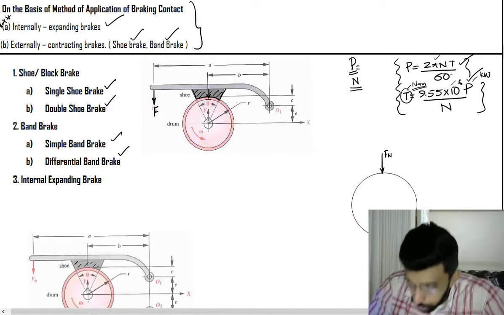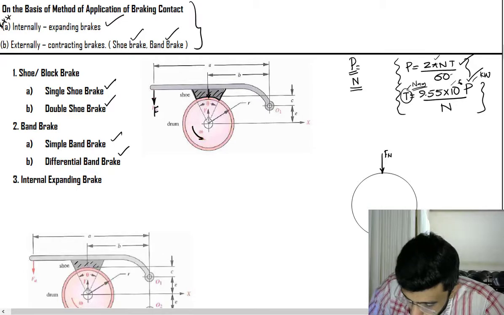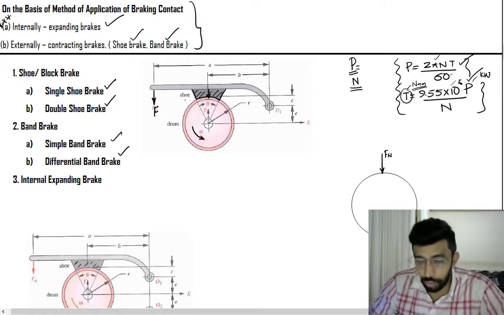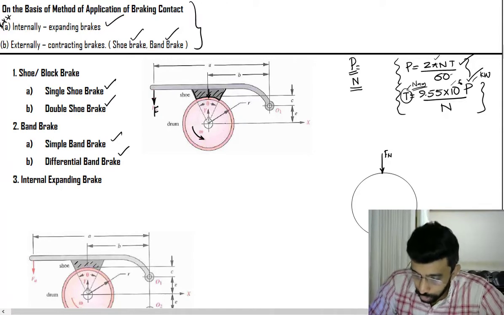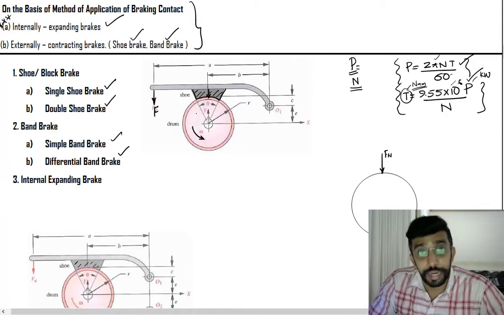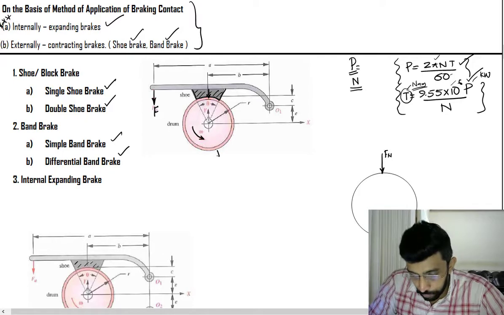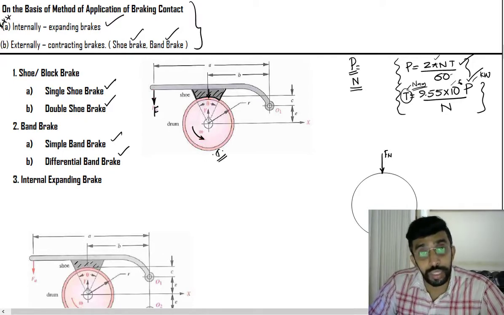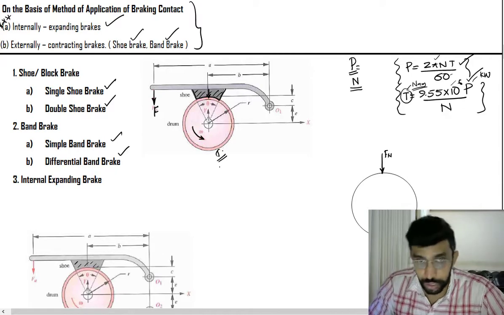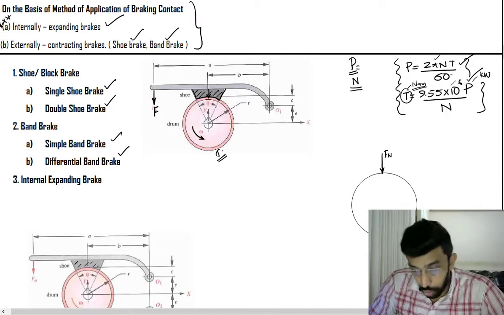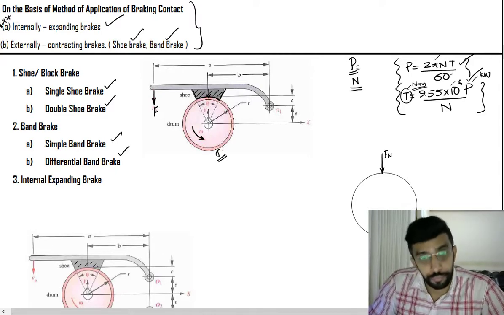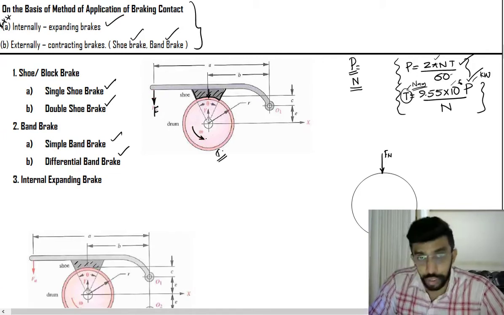Suppose here they have given that the direction of rotation is anti-clockwise. So if this is rotating in the anti-clockwise direction and having a torque of T, then in order to stop this, we need to give a torque in the opposite direction, or the torque should generate a moment in the opposite direction, clockwise direction.